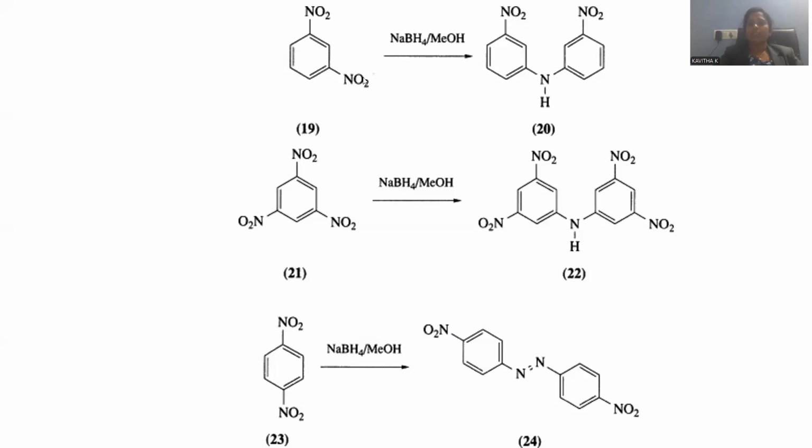That amine generated will be dimerized, because here 2 moles will be added to 1 mole of sodium borohydride. 2:1 ratio is the case. There is a possibility for dimerization, giving rise to this compound. So nitrogen is connected with the two aromatic rings where we have meta-dinitro positions. So this is the reason why there is a certain peculiarity, a certain extension to the reduction.